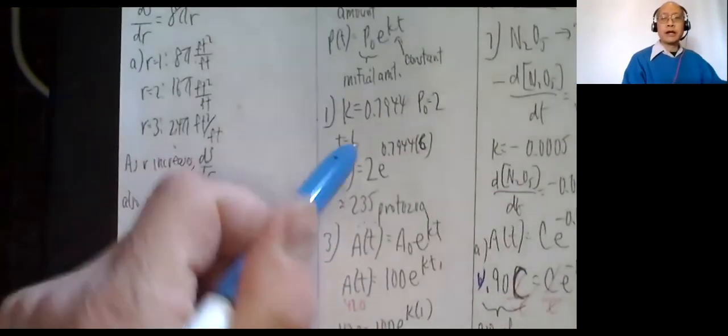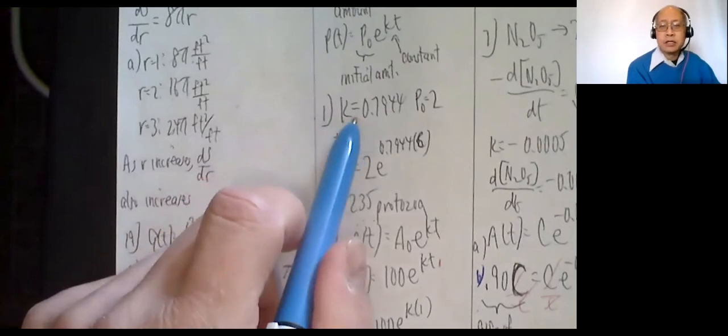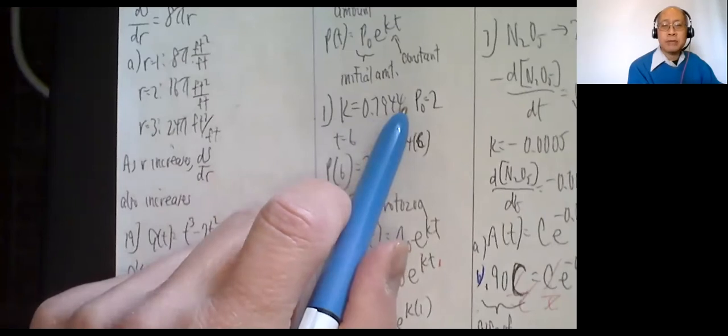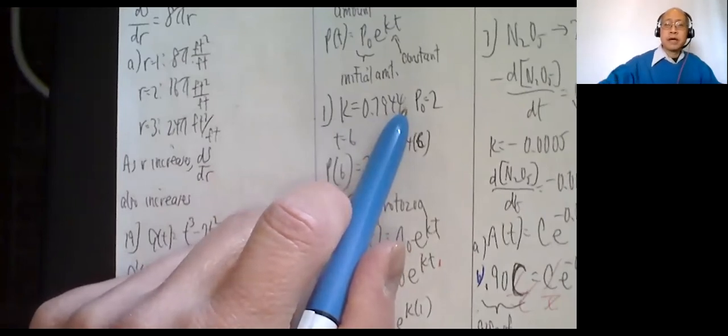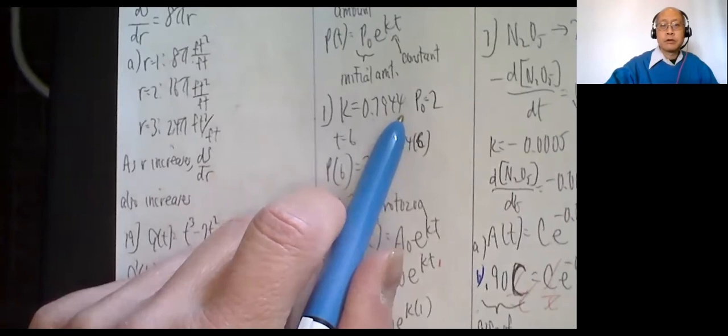So here's the important data. The constant they tell me, k, is 0.7944. The initial population is 2. I just pretty much plug everything in. So it's a straight plug-in.